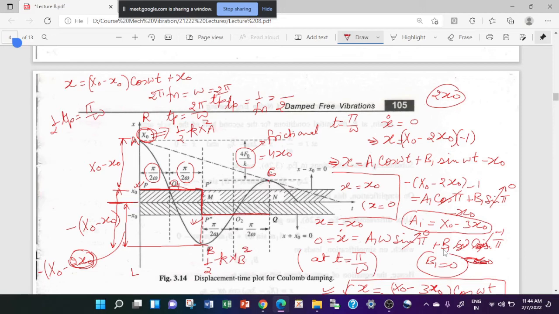Now when the system moves from A to B, it will be dissipating some energy in the form of frictional force, and this will be equivalent to the energy loss in the spring from A to B. And when the body moves from A to B, what is the frictional force you are giving?